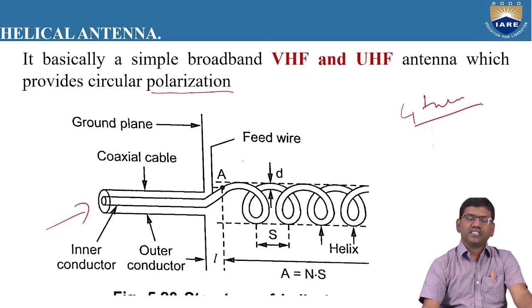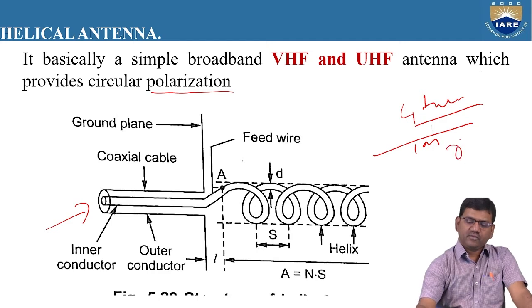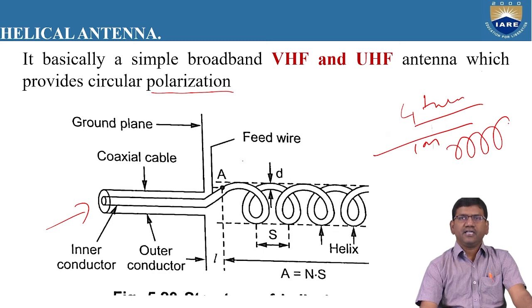If you take a small conductor, suppose its length is 1 meter, and you turn this conductor in the form of n turns, it becomes a helical antenna.